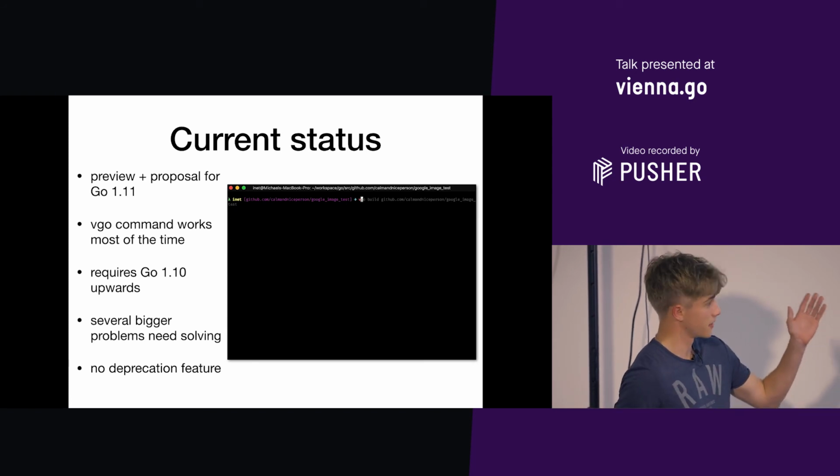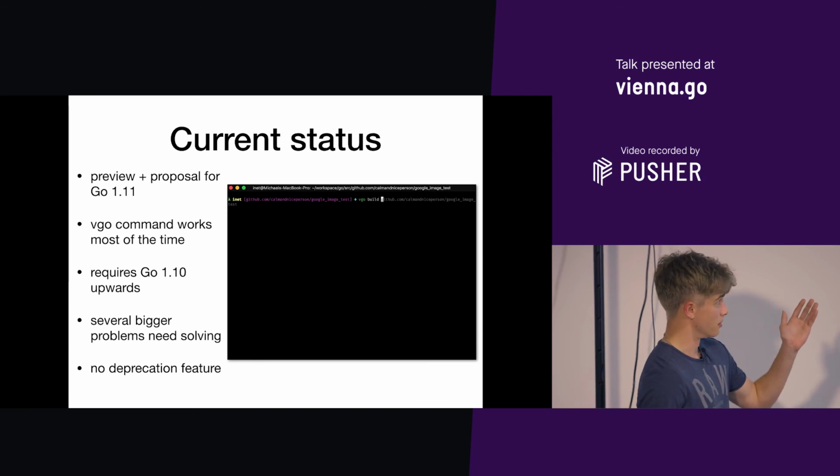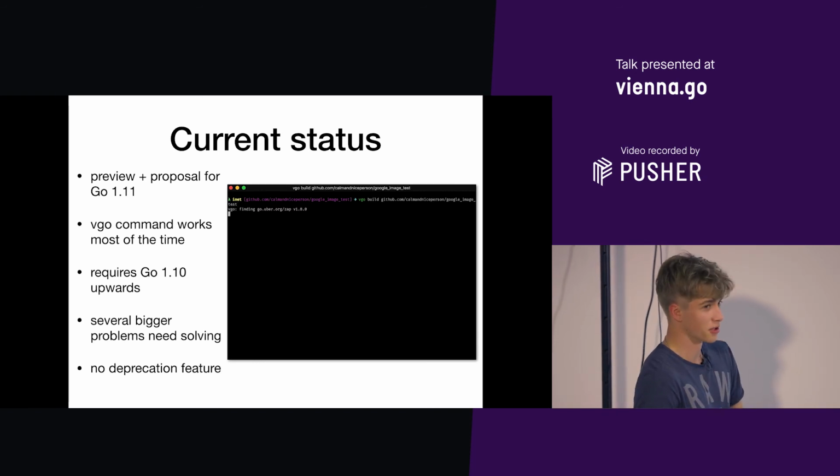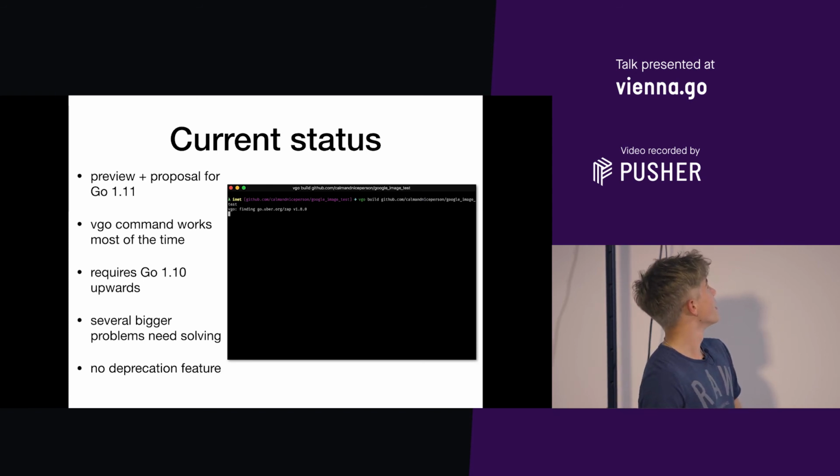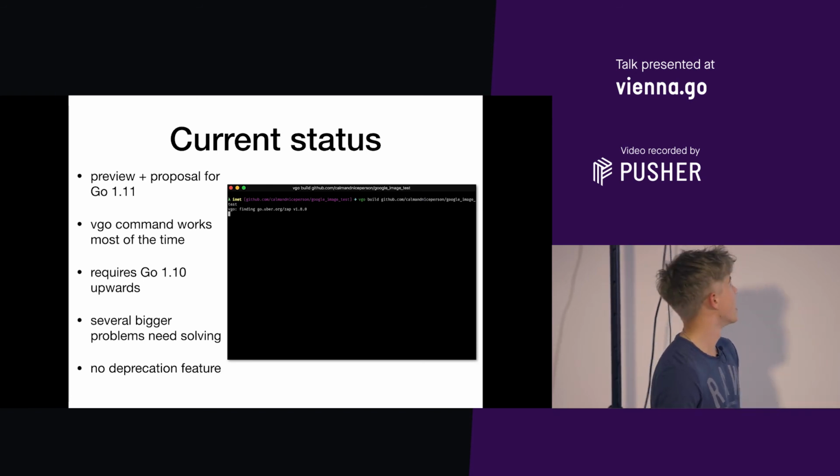So I tested this with a very small package in this example, which has just one dependency, but it worked. For bigger projects, I couldn't get it to work because there are still some mistakes in Vgo and many issues on GitHub. So it works most of the time.